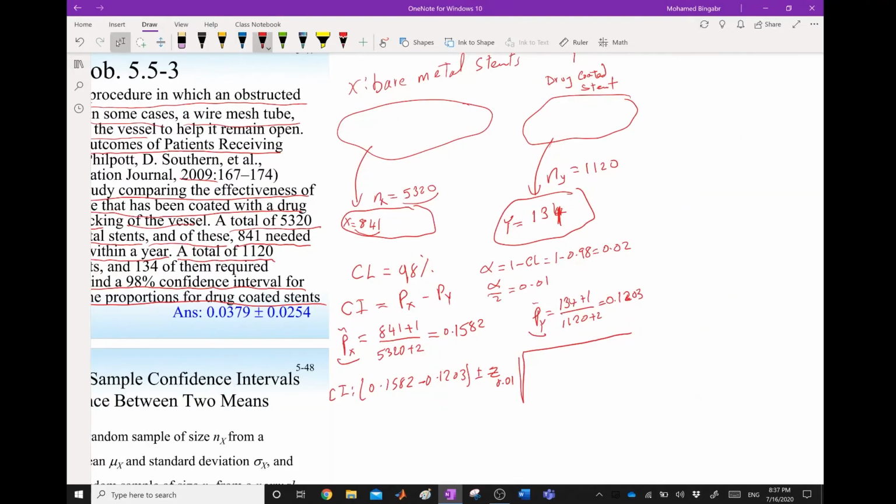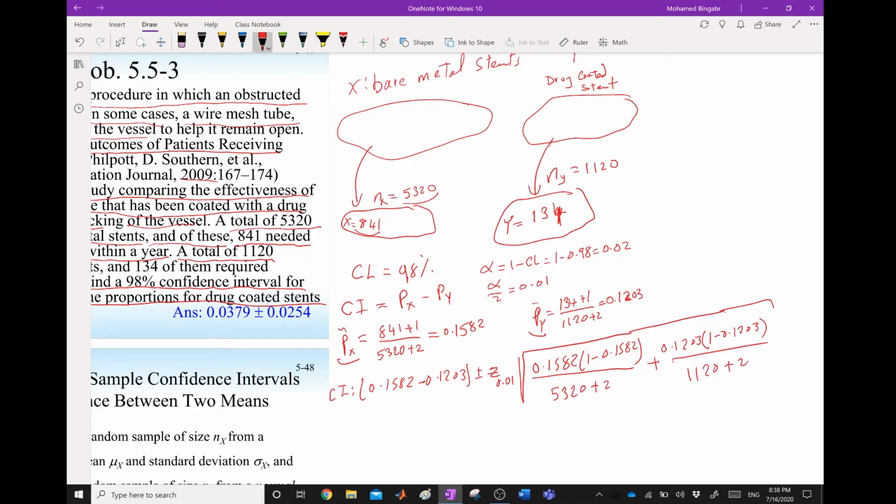Square root of px, which is 0.1582, times 1 minus px, which is 0.1582, divided by n delta, which is 5320 plus 2, plus the variance for py, which will be 0.1203 times 1 minus 0.1203, divided by 1120 plus 2.